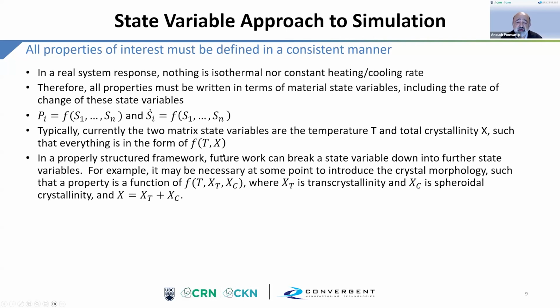Now, if this is done properly, if it turns out that we really should be tracking the crystal morphology, say we want to break it out into transcrystallinity, which typically is the way we get crystallization around the fiber, or spheroidal crystallinity, which is what happens away from the fiber in the bulk resin, then one can actually break that out into substate variables if you wish.